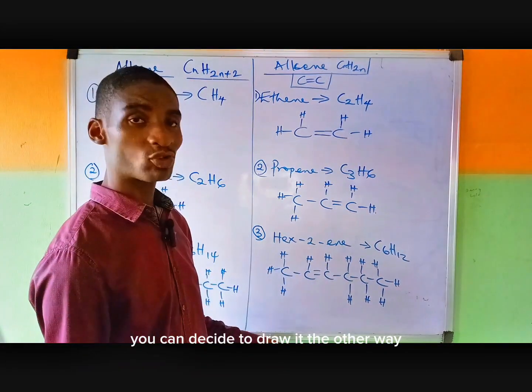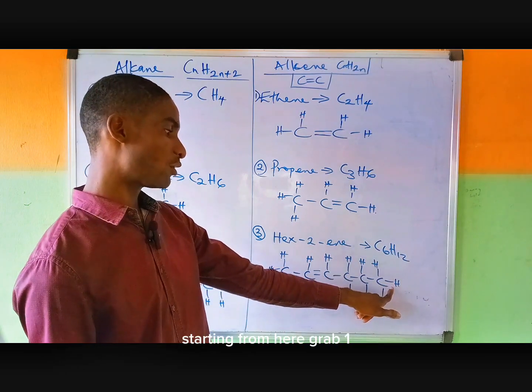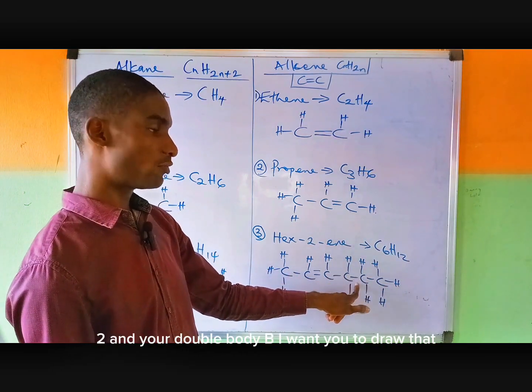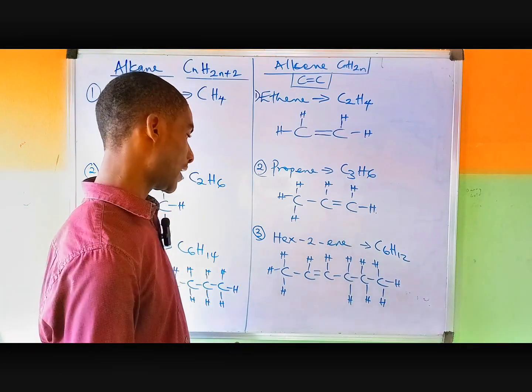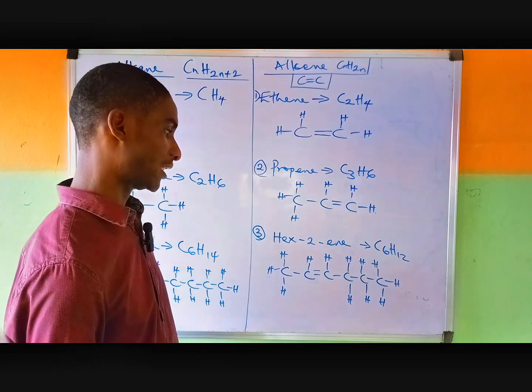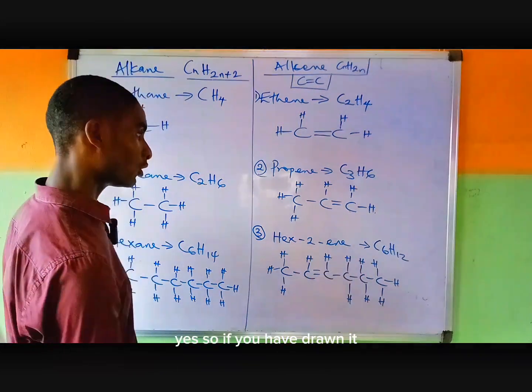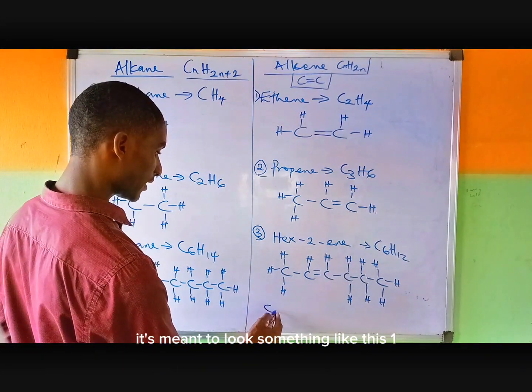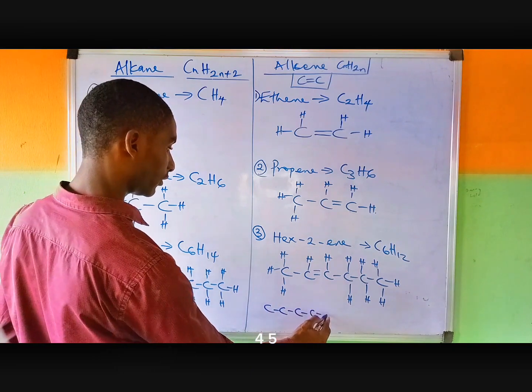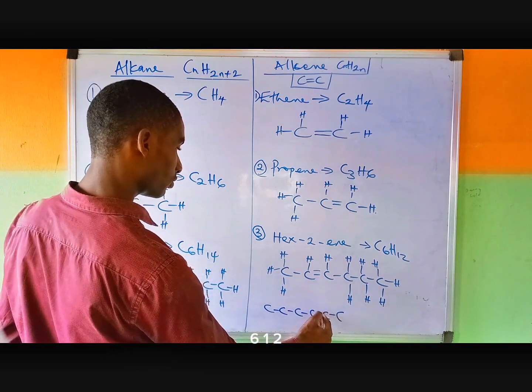And you can decide to draw it the other way, starting from here. We have 1, 2, and your double bond will be here. I want you to draw that. Yes. So if you have drawn it, it's meant to look something like this. 1, 2, 3, 4, 5, 6. 1, 2.